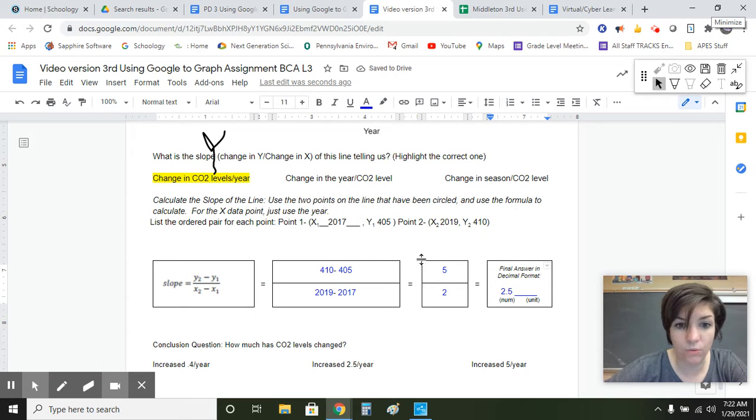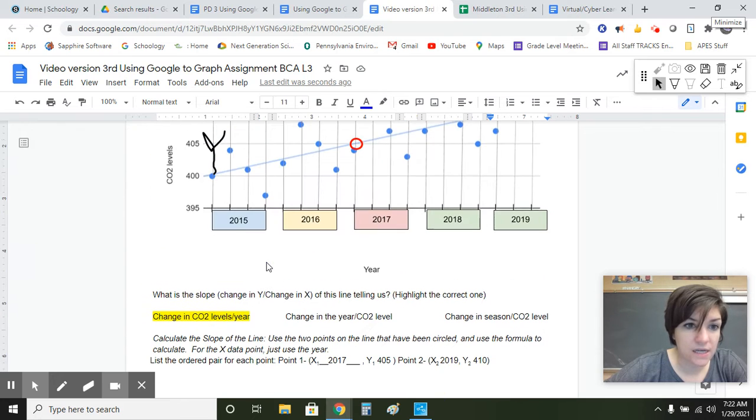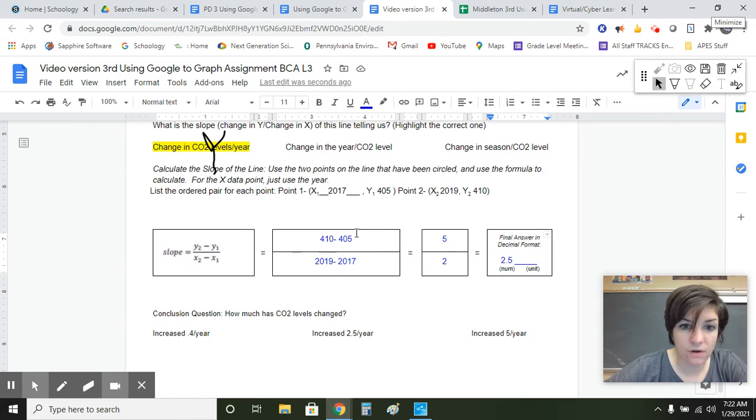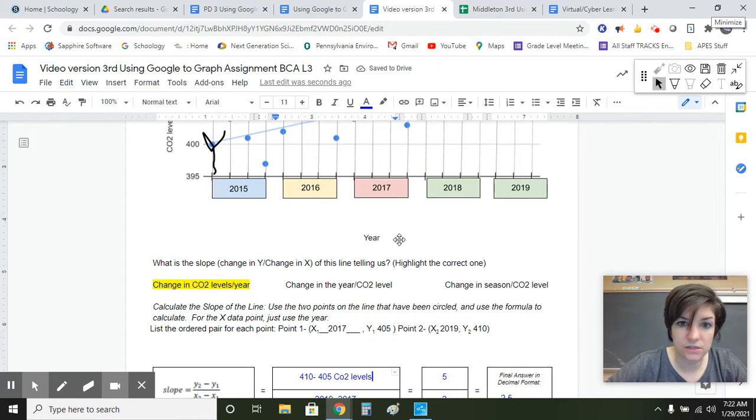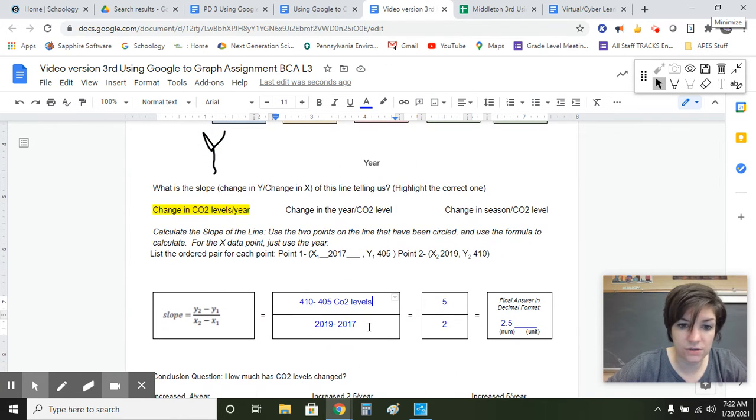Now, you might be like, okay, well, what's the units? Well, up here are my y's, and the y's are CO2 levels, so I can actually write that in here. CO2 levels. And then my 2019 minus 2017, those are the years, so I'm going to put year.